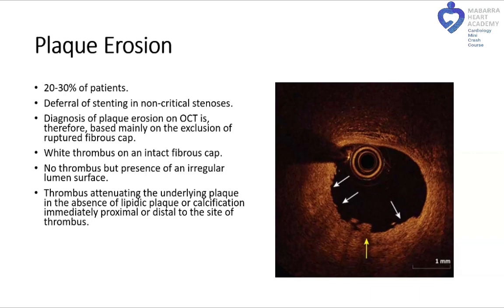White thrombus is low attenuation, meaning that you can see behind the thrombus. And in these scenarios, you can decide not to stent or defer stenting, depending if you have, for example, a very large minimal lumen area, then you may choose to defer stenting.